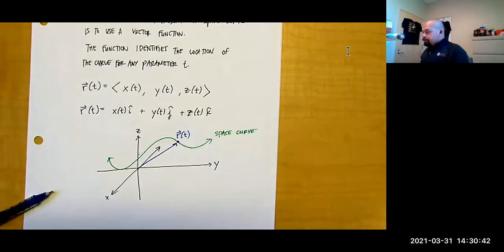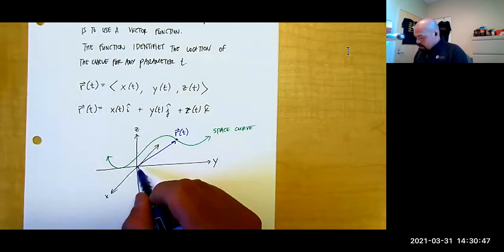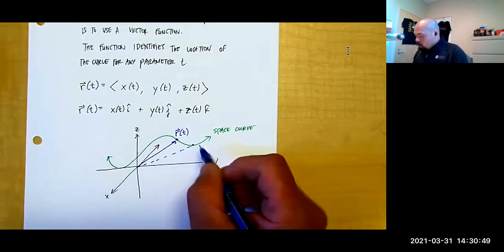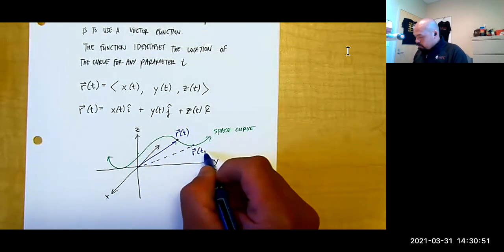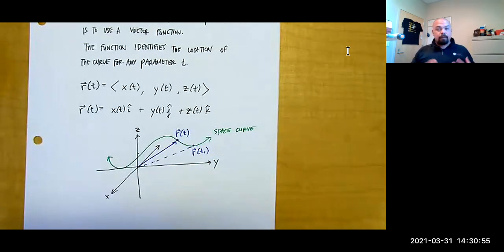And depending on what t, we can get that point, and we can use any value for t, a parameter. So it's just like we had done before, but now a little bit different notation for identifying.